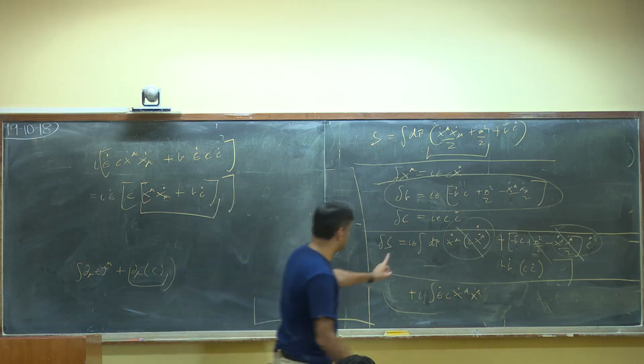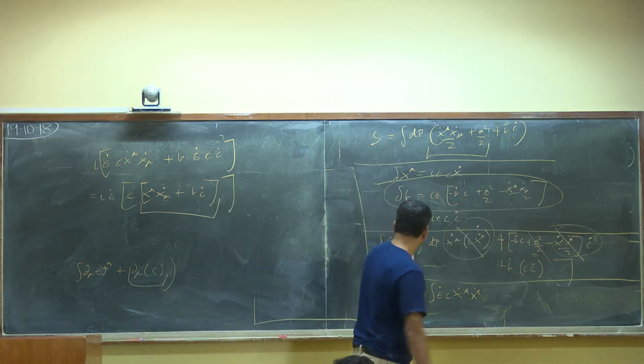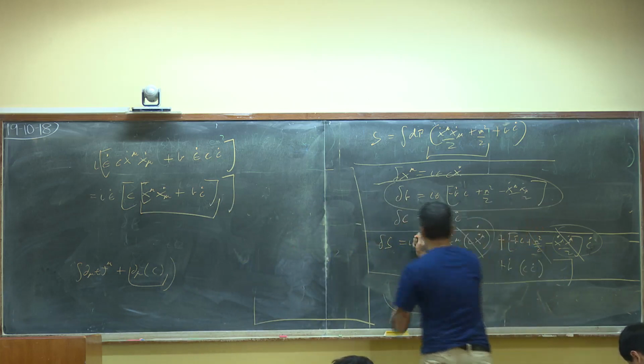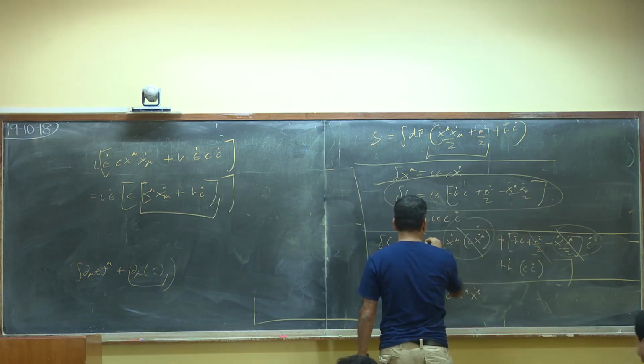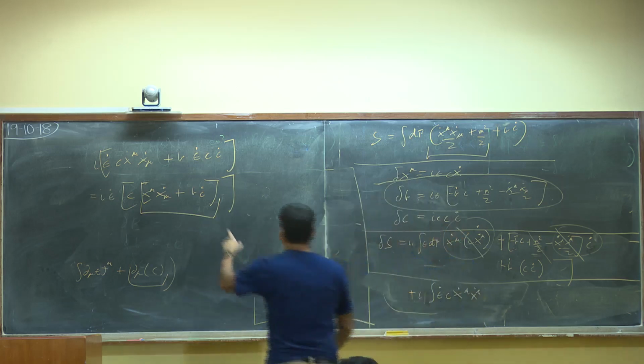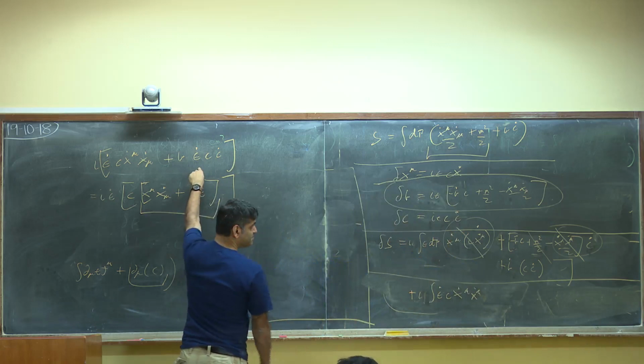That is the explicit epsilon dot terms. Okay? And we'll just put in an epsilon here. Epsilon, this is all a function of time. And there was this additional epsilon dot term.